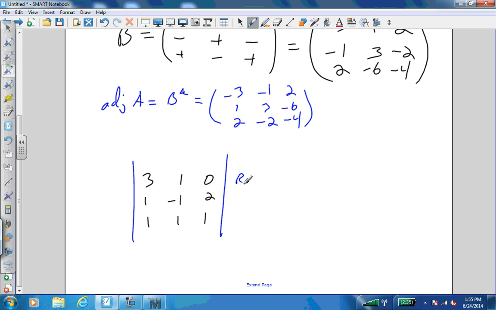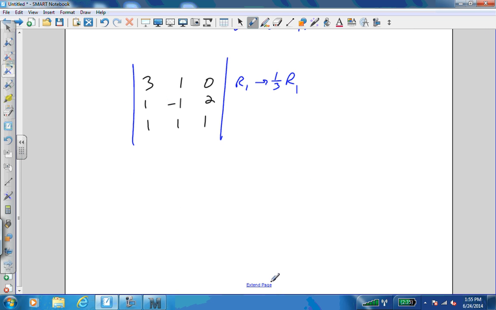Let's multiply the first row by 1/3. So if we multiply the first row by 1/3, we get a 1, a 1/3, and a 0. And the other ones are the same.